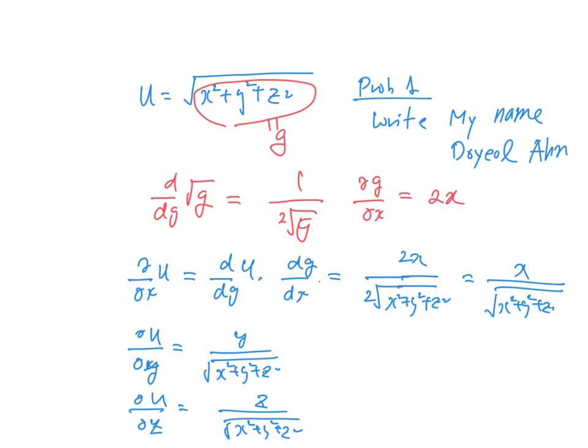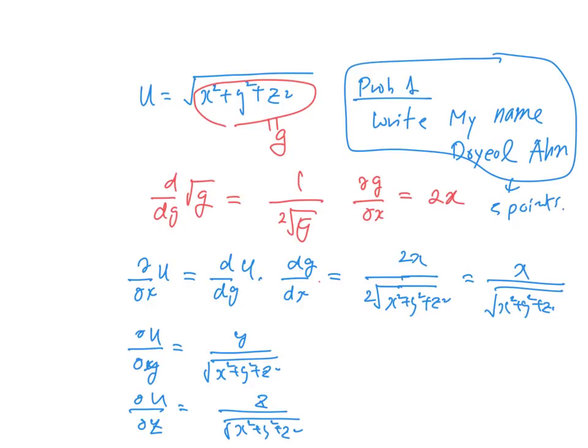So question number 1 is write your name. It's going to be 5 points. That's it. Or okay, it could become your professor's name.